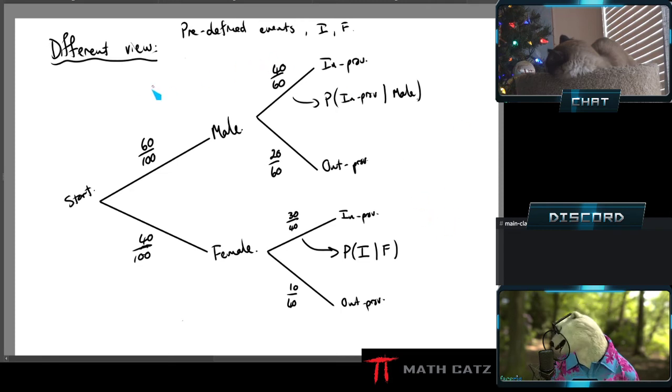Okay. So the first split is a conventional probability. Not this one. Let's do the other one here. Bottom one here. This is just the probability of being female. Conventional probability out of the whole sample space.